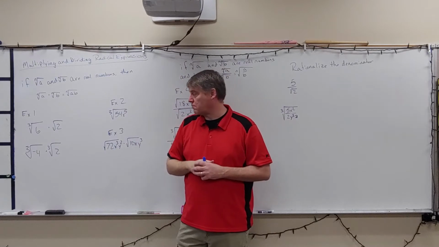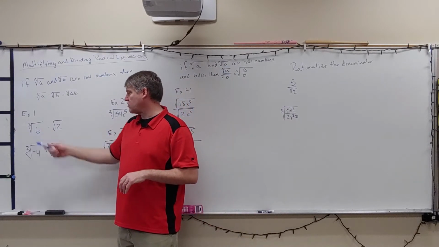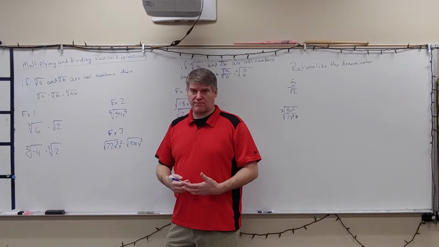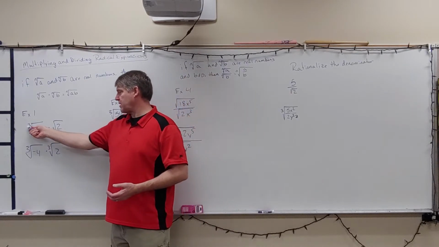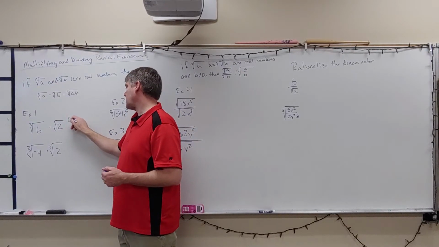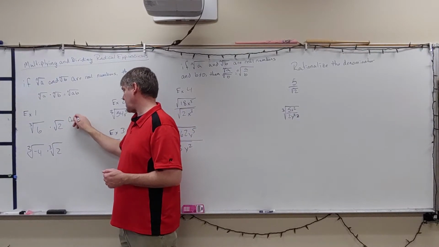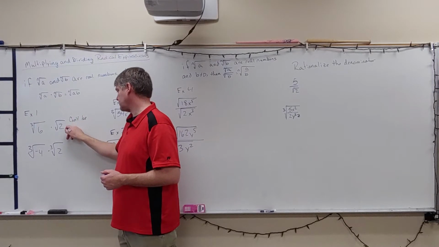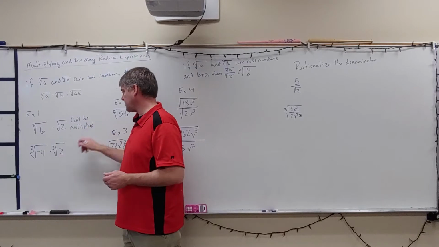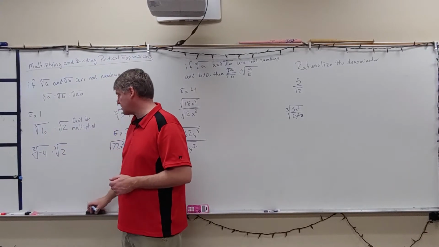It's in simplest form. On our first example, we have the cube root of 6 times the square root of 2. Notice my indexes are different. This can't be multiplied. It is in simplest form.